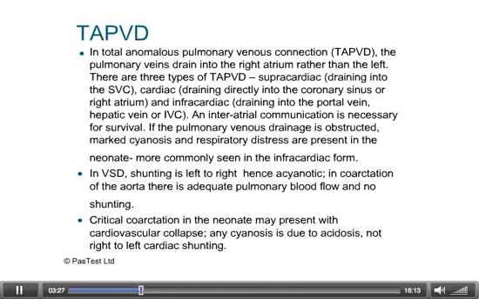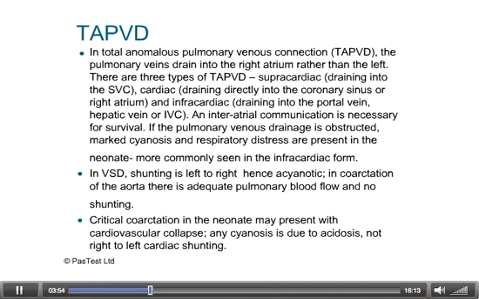Turning to TAPVD, occasionally known as TAPVC, where the C stands for connection. In total anomalous pulmonary venous drainage, the 4 pulmonary veins, rather than draining into the posterior aspect of the left atrium, drain elsewhere. They may be broadly divided up into 3 types.